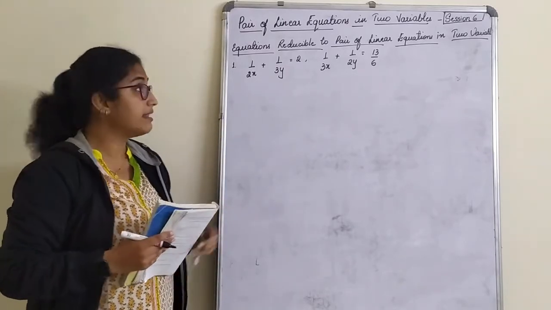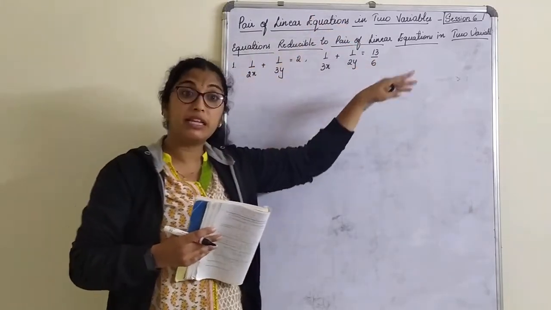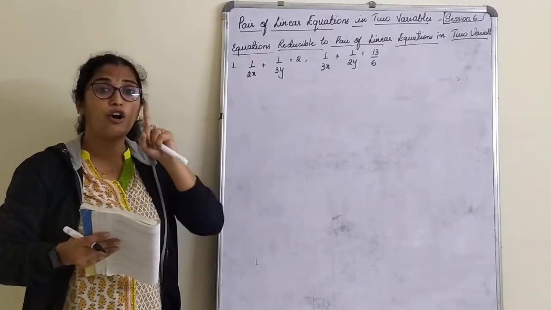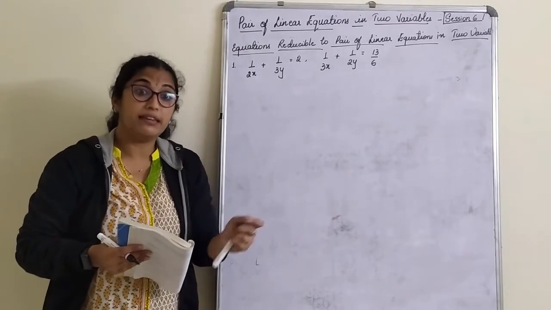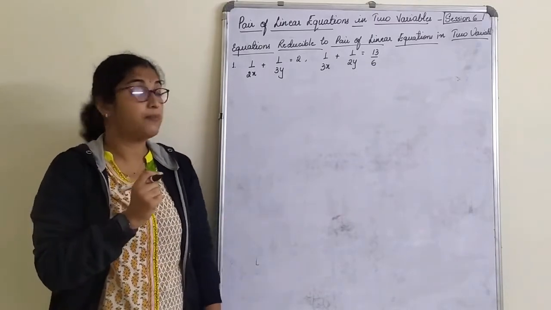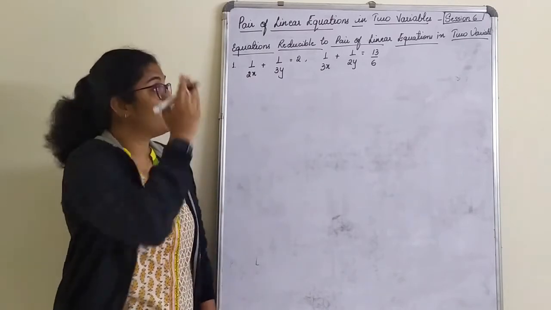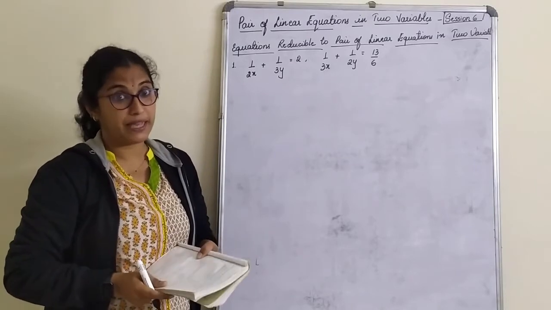So to understand that it is an equation reducible to a pair of linear equations, in such type of sums the variables are always in the denominator. Okay, that is the hint. When you look at a sum where the denominators have variables, that means we have to reduce them and form linear equation pairs.